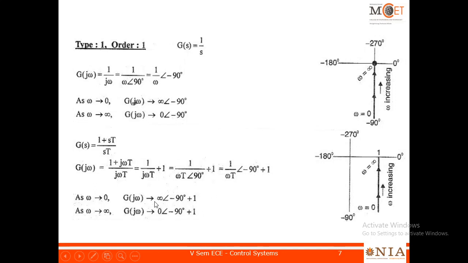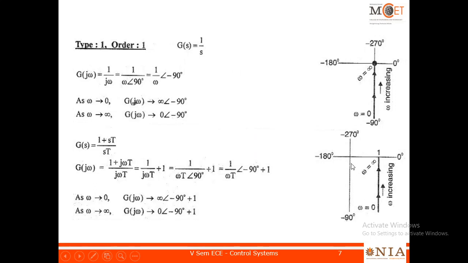You can see that this is similar to the previous case, but only the plus 1 is in addition. Of course, infinity plus 1 is going to be infinity, and 0 plus 1, the magnitude is going to be 1. So the graph that was there will shift by 1 unit.